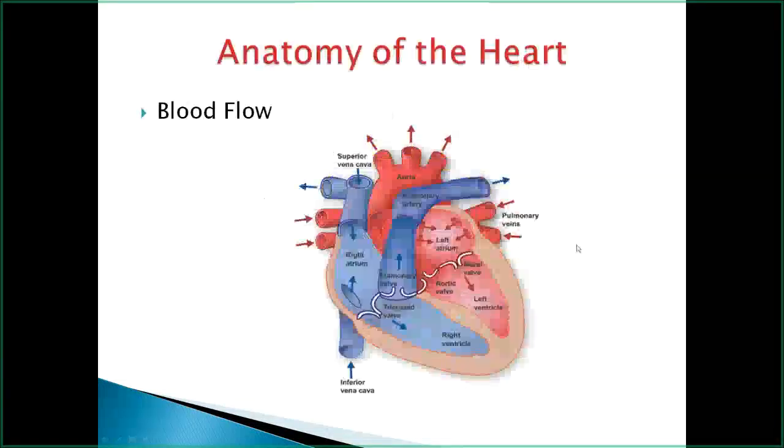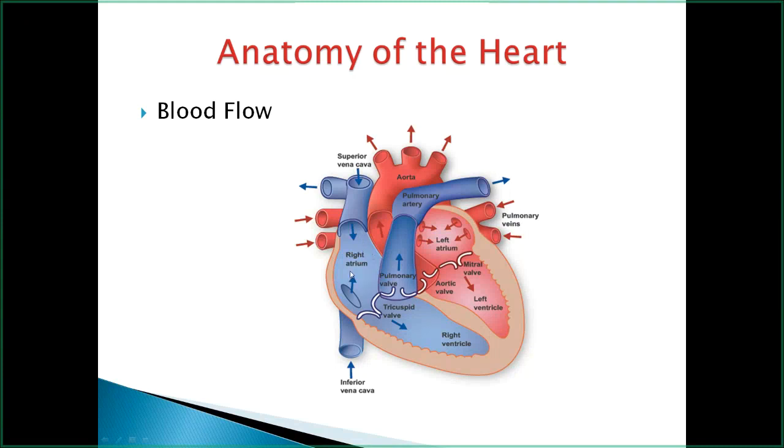Now the next diagram here shows you the flow of blood through the heart muscle, okay? So say you're receiving blood that's been used up, it needs more oxygen, it's coming back from the body. It's going to come in through the inferior vena cava to the right atrium or through the superior vena cava to the right atrium. Okay? So the first stop is the right atrium.